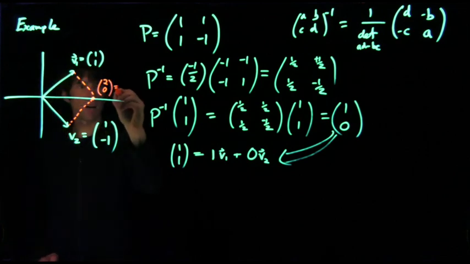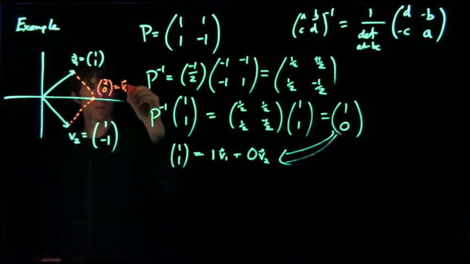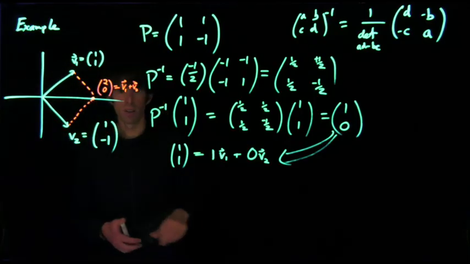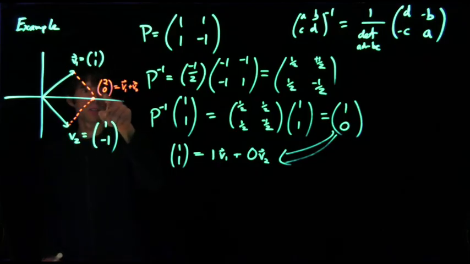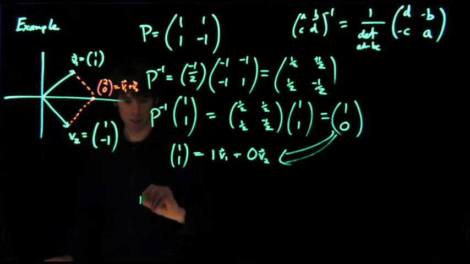And I've cooked that up so that this is supposed to be v1 plus v2. OK, so 2, 0 is supposed to be 1 times v1 plus 1 times v2. So the representation in the V basis is supposed to be 1, 1. So let's check that that's the case.